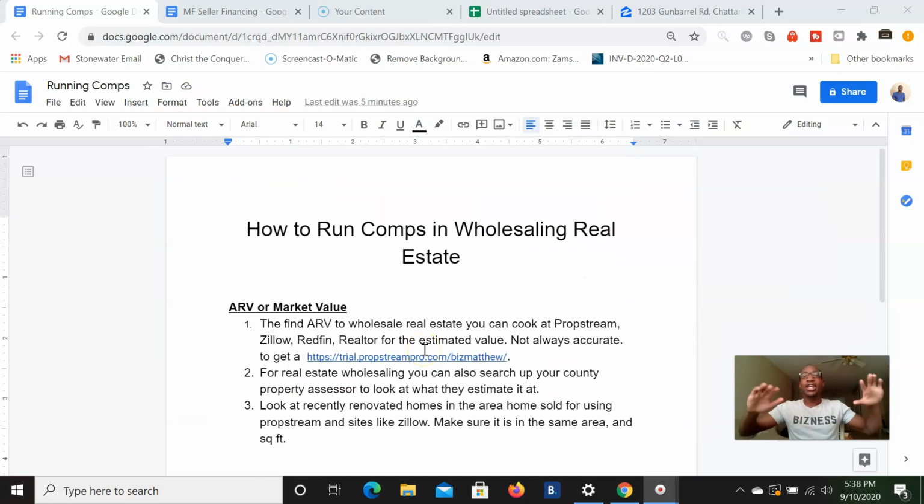So number one, how to run comps in your wholesaling real estate business. Let me say this: in wholesaling real estate, it's not about the numbers in regards to the comps. At the end of the day, it's about how you're building rapport with the seller, being likable, getting to know the seller and finding situations that you can help with, problems that you can solve.